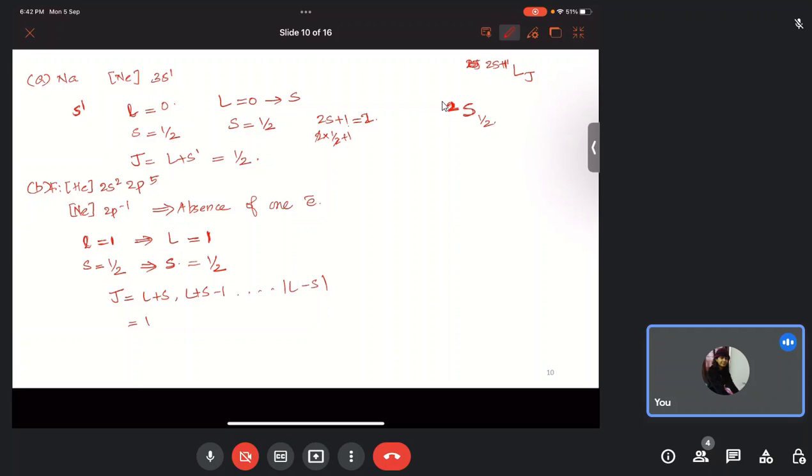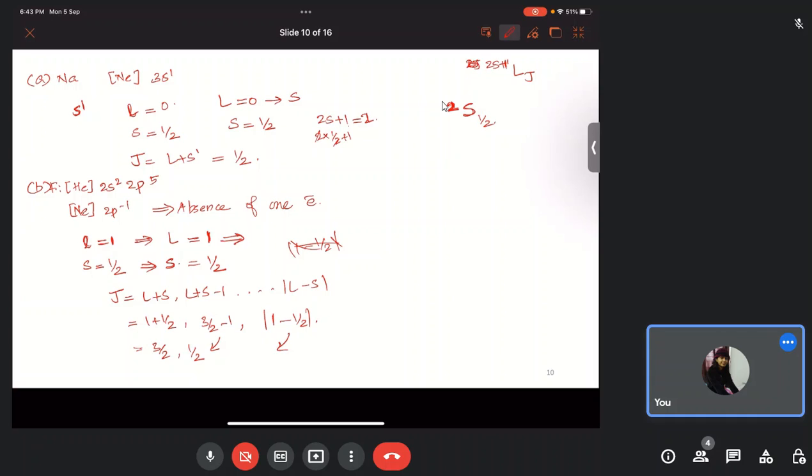L plus S is going to be 1 plus 1/2, which is 3/2, and L minus S is going to be 1 minus 1/2, which is 1/2. So it's going to be 3/2 and 1/2. The term symbol depends upon the L value.